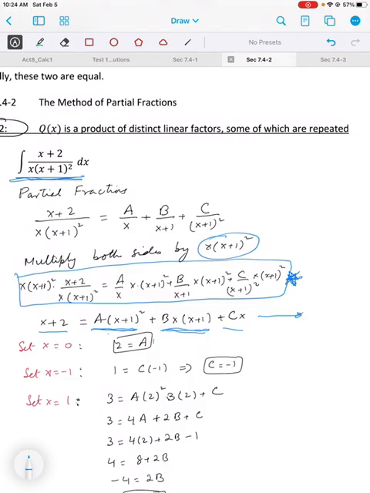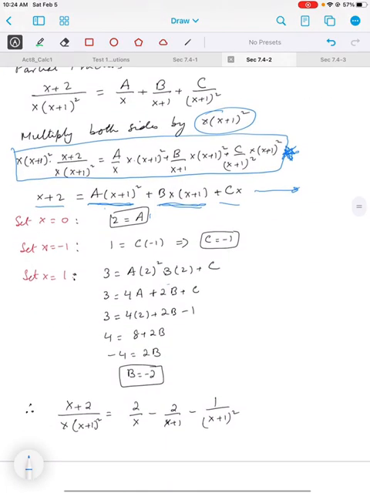So now we make use of the two values which we have found, and we pick any value other than 0 and -1. The easier one is picking x equals 1. So plug in, do your algebra, and you notice that we end up getting 3 equals 4A plus 2B plus C. Now plug in the values of A and C that we found, and we end up getting B equals -2.